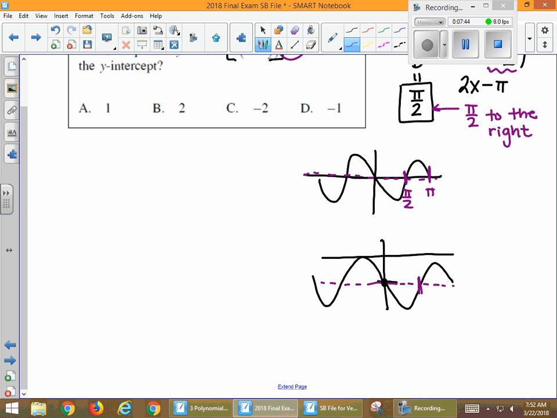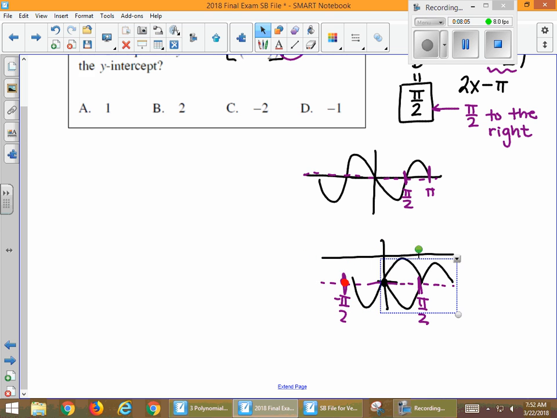What that's going to do is take this place right here where we're crossing our midline and move it. I was hoping to pick the whole curve up together, but it's going to shift this whole thing right pi over 2. And so, where is our y-intercept? Our y-intercept is right here at -1.